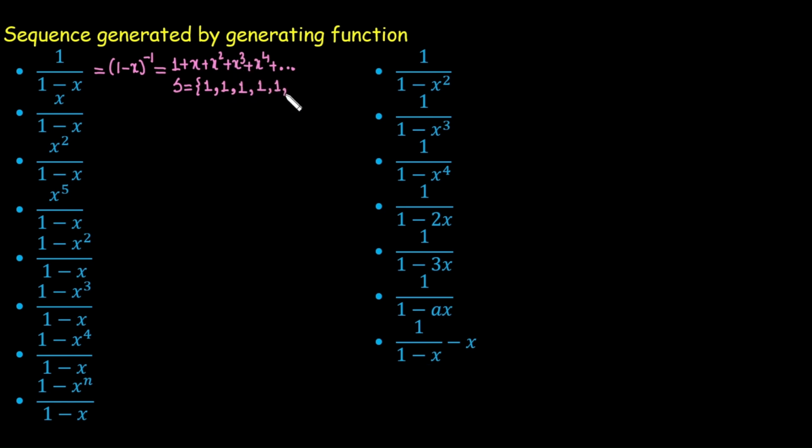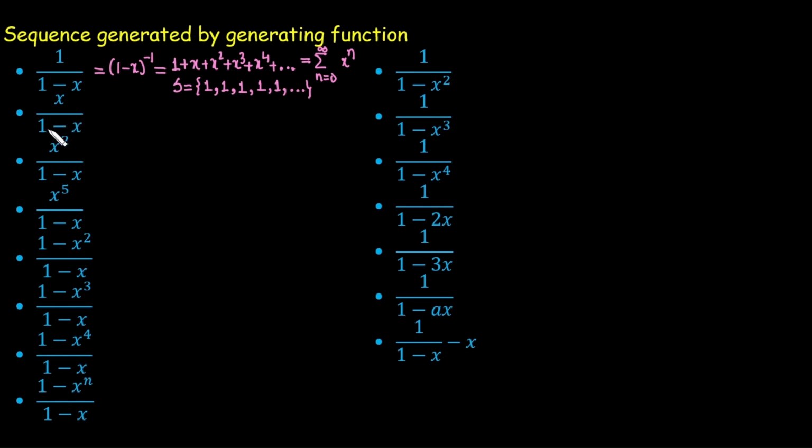So it means we are getting a sequence of this form. Basically, it is a constant sequence where each term is equal to 1. This can also be written in the form of summation n from 0 to infinity x raised to power n. Now, what is the coefficient of x raised to power n? That is 1. So it means it generates the sequence whose elements are only 1.